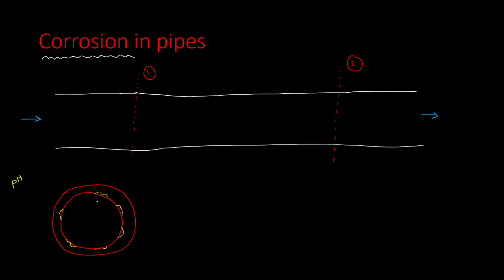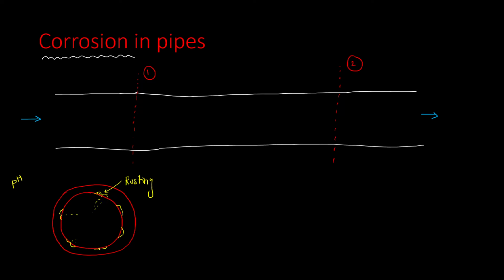Slowly, there will be rusting at this point. That is rusting, and due to this rusting, what will happen? The surface of the pipe will start disintegrating. The surface will be attacked due to this rusting, and small particles of this will start mixing with water.